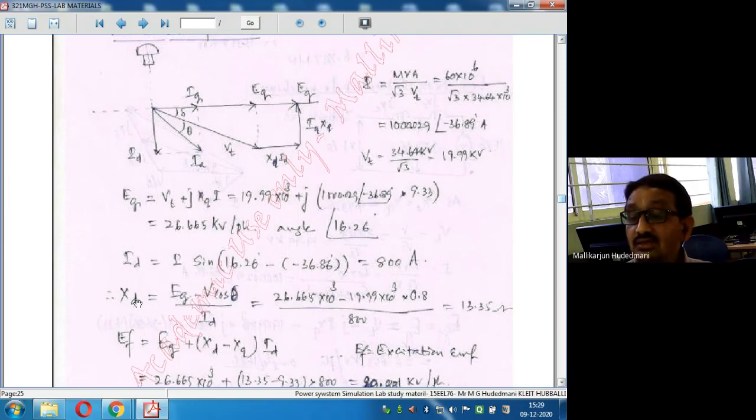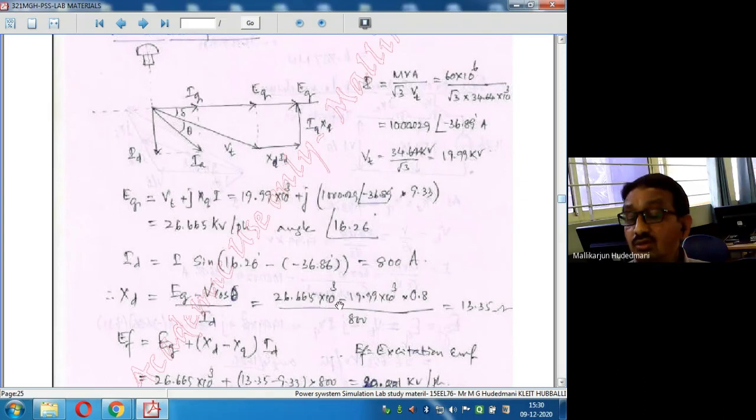It is EG minus V cos theta, assuming delta is very negligible, divided by ID. When I operate this, I will get the direct axis reactance of the machine, which comes to be 26.665, which I just got in the previous calculation.